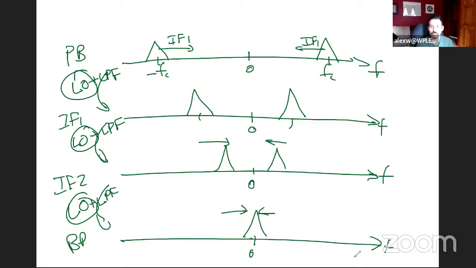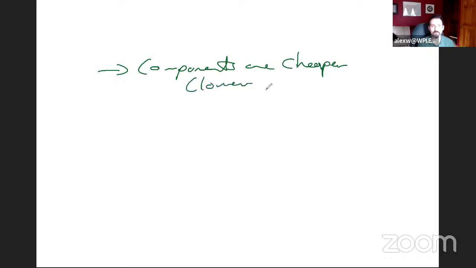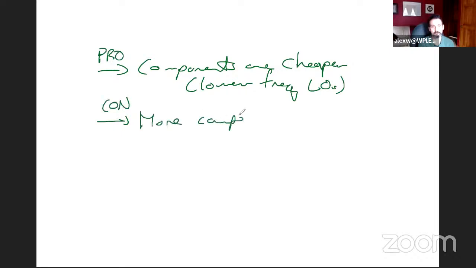So that's the trade-off here: components are cheaper, so lower frequency LOs, but, so that's a pro. Con, more complex design.